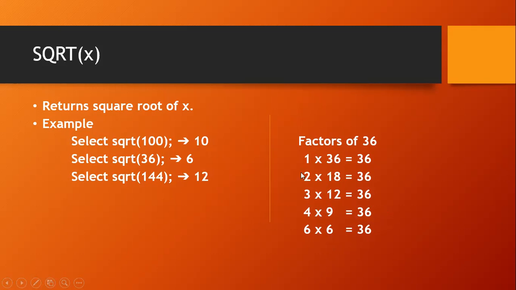Among these factors, find the two numbers that are the same. So 6 into 6, both numbers are the same. So 6 is the square root of 36. So these are the mathematical functions available.